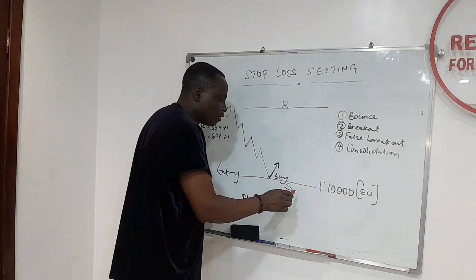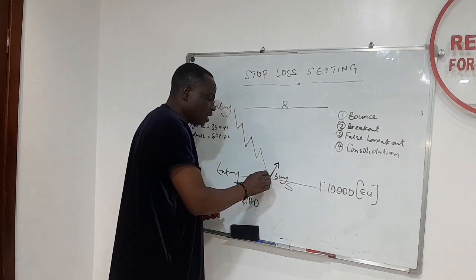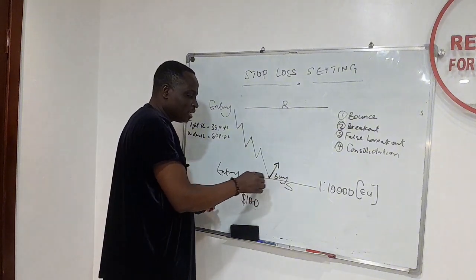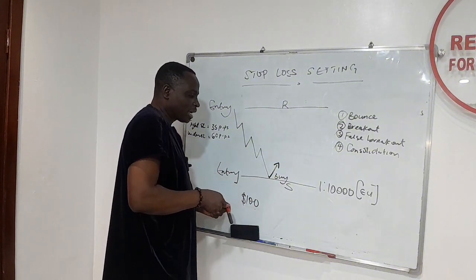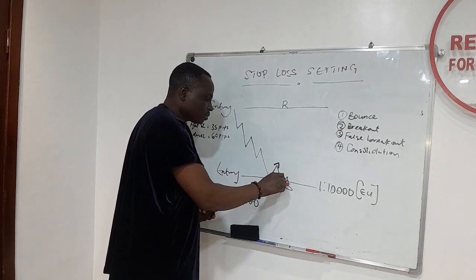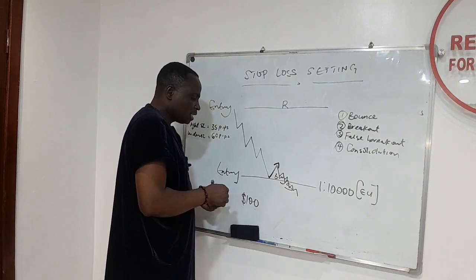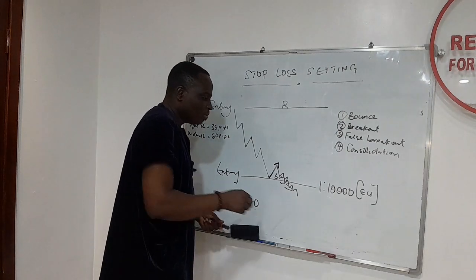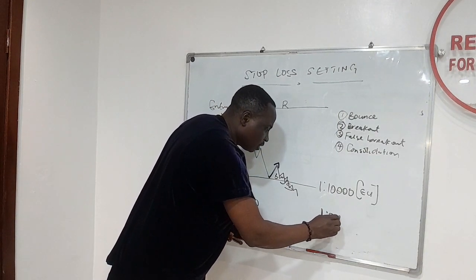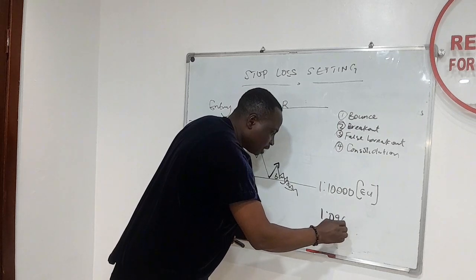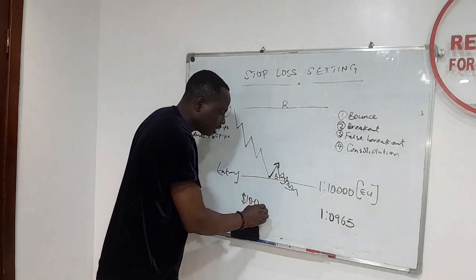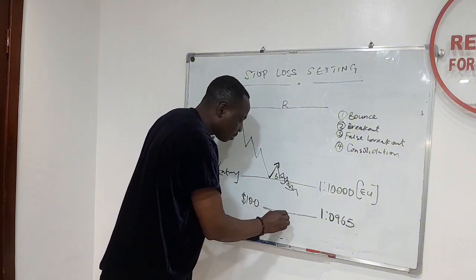So now it means that if we are buying and market will not respect our analysis, but instead of buying, market resumes the selling, it's simply telling us that by the time market gets to 1.09650, it should take me out.